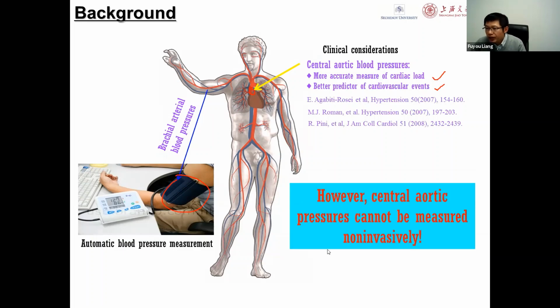Unfortunately, we cannot measure central aortic pressure easily. The gold standard for measuring central aortic pressure is to use a catheter with a pressure sensor. But this kind of measurement is invasive and cannot be applied to general clinical settings.